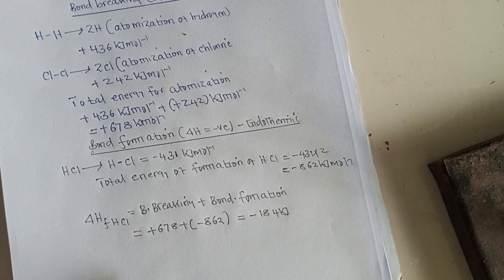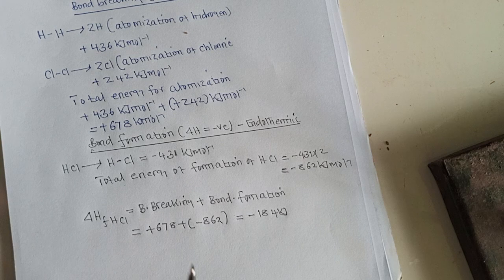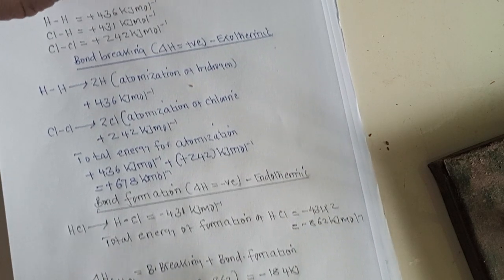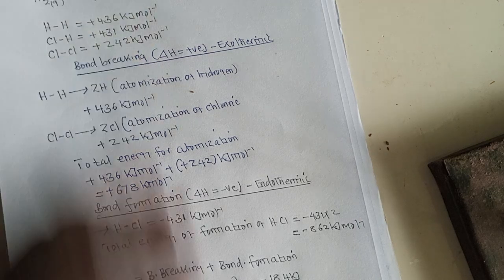We need the enthalpy of formation of 1 mole of HCl. From here, we have 2 moles of HCl producing negative 184 kilojoules.